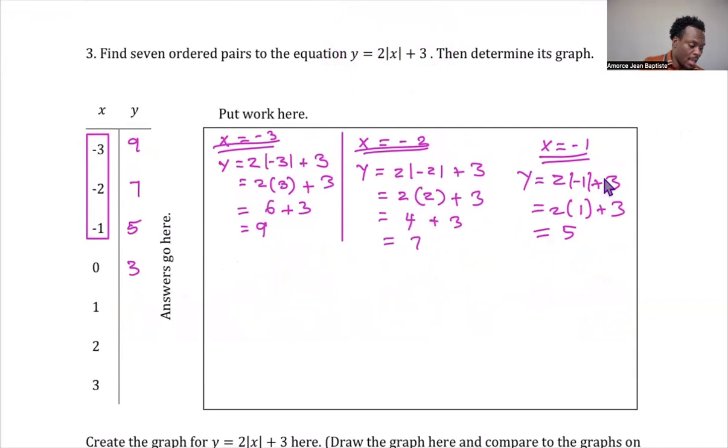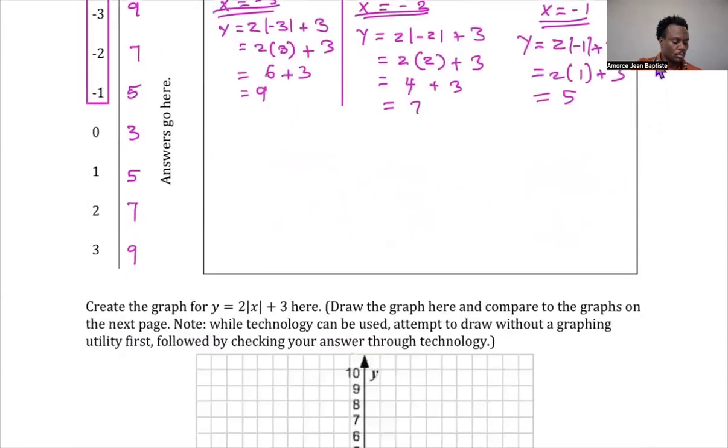We had a 5 for x equals 1, a 7 for x equals 2, and then 9 for x equals 3. But obviously, if you don't have a calculator, you can just keep working manually to find all these values, because the absolute value when the numbers are positive is even easier. And also I have them all on my notes posted.